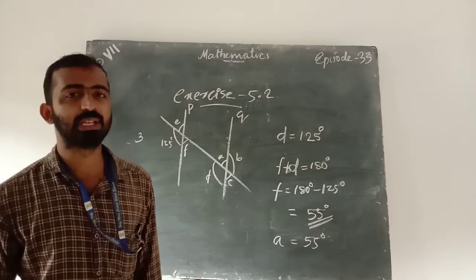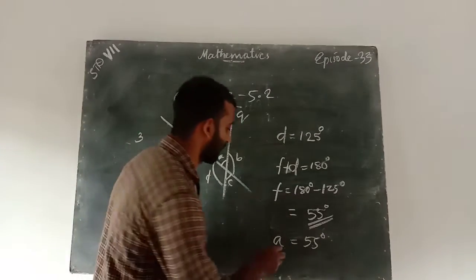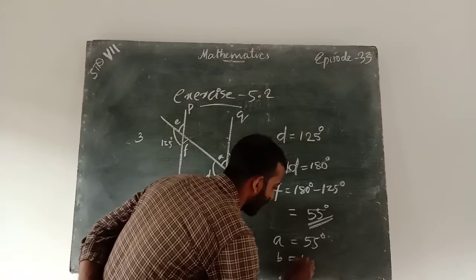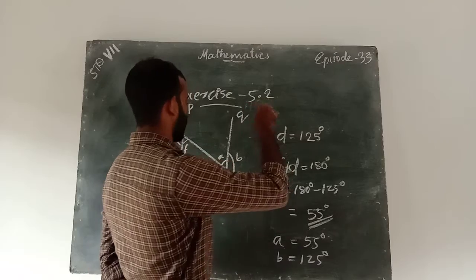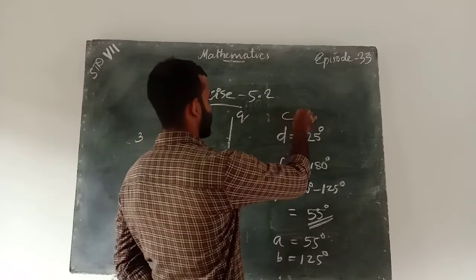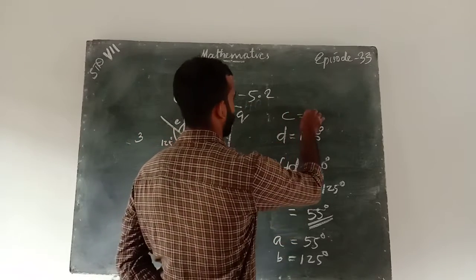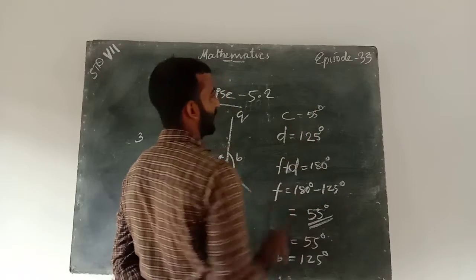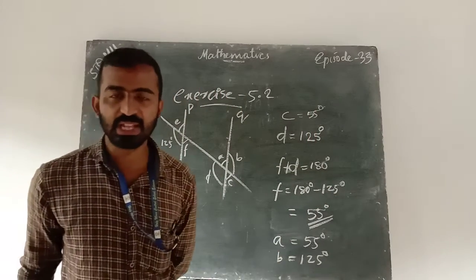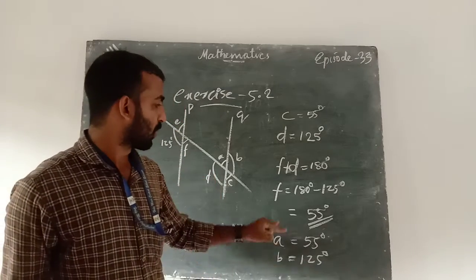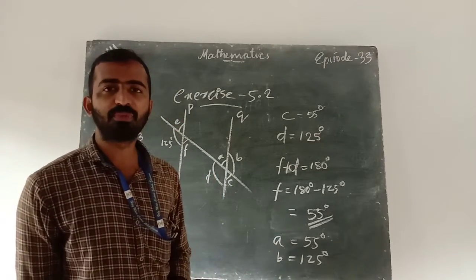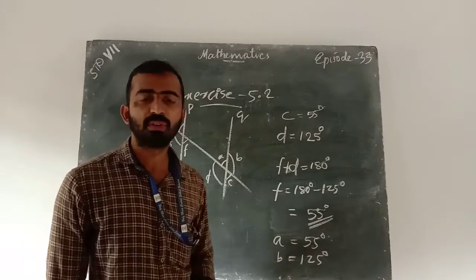Is it? Yes. And next is C. C equal to 55 degree. That is, A equal to 55 degree, B equal to 125 degree, C equal to 55 degree.